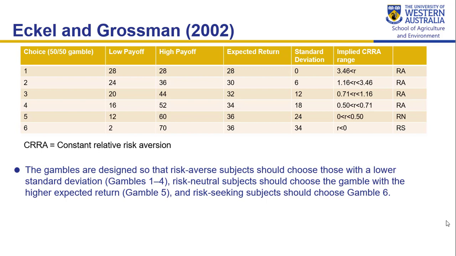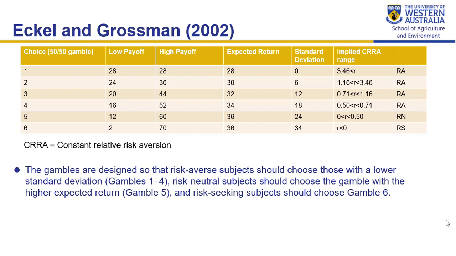If somebody has selected gamble number 1, then their constant relative risk attitude is less than 3.46, and they would be classified as risk averse. Whereas if someone has selected gamble number 4, their risk attitude would be estimated between 0.5 to 0.71, and they would still be classified as risk averse.